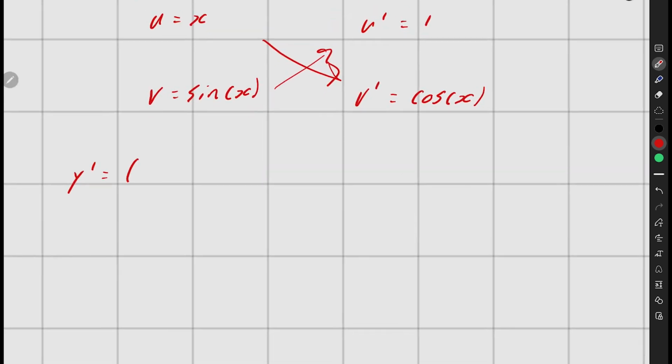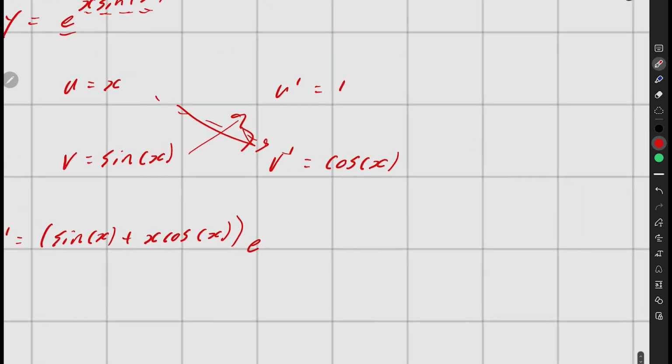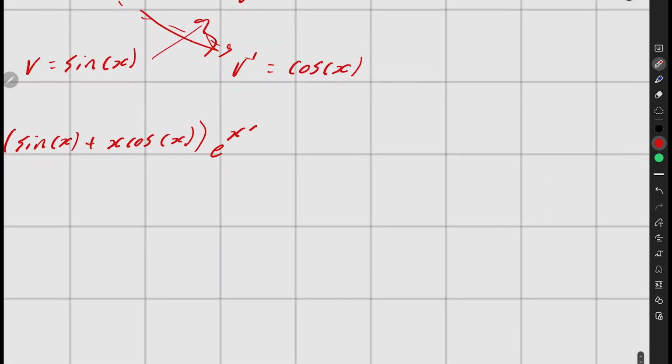So we're going to have v times u dash, 1 times sine of x is just sine of x, plus, then we're going to have u times v dash. X times cosine of x is just x cosine x, multiplied by the original function, which is just e to the power of x sine of x.